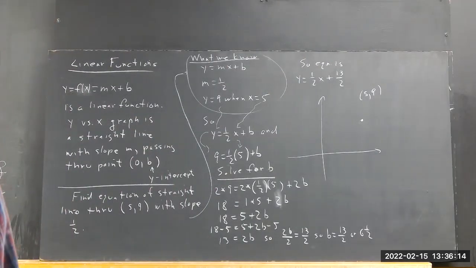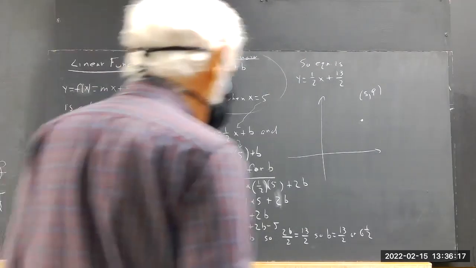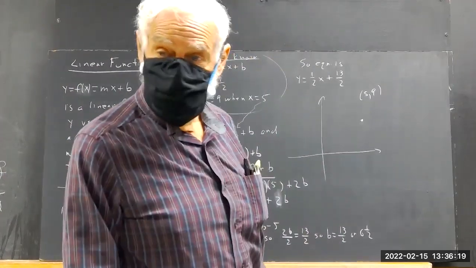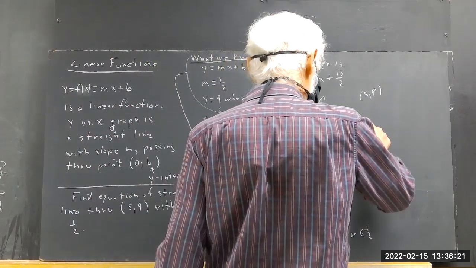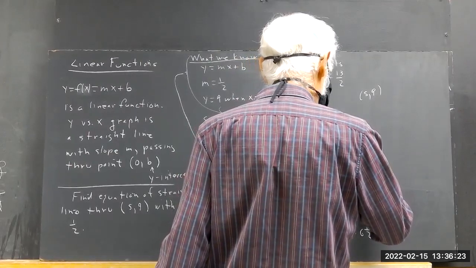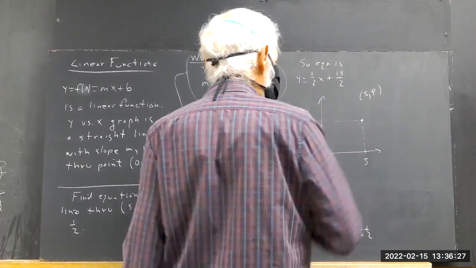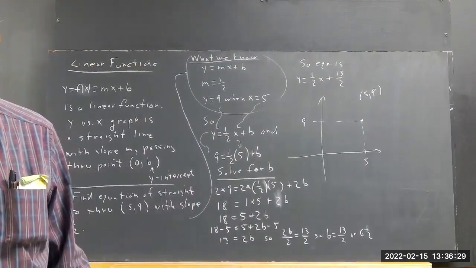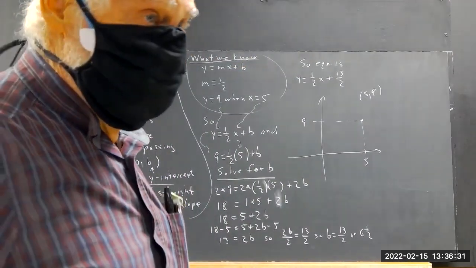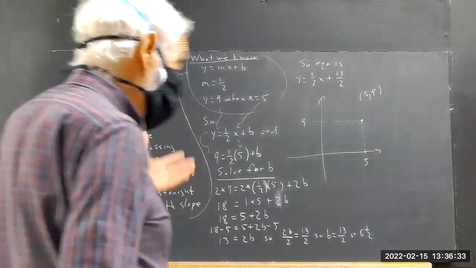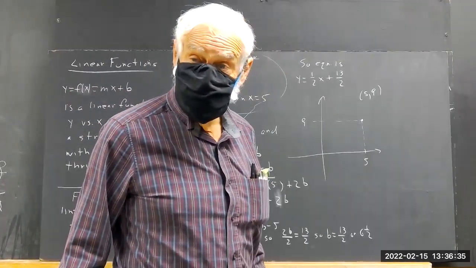Now I've got my scale because I know that this is 5 and this is 9. And from that, I can line off all the points I want to.